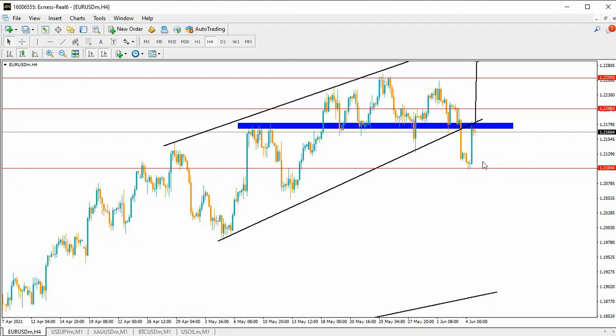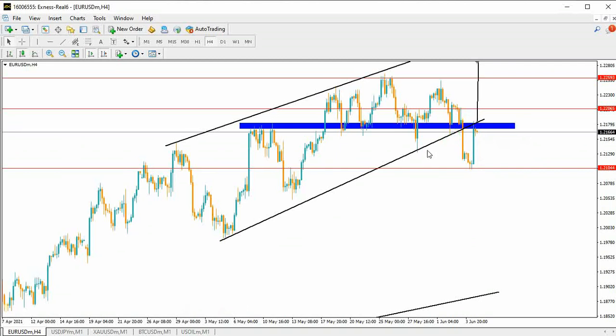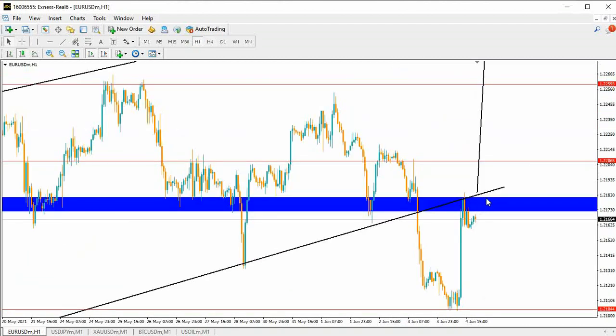So that's how we know if we're going to enter sell trades or not. If the market makes a double top on our H1 chart, or if price makes its way below 1.21044, then that's when you're going to be opening new trades.